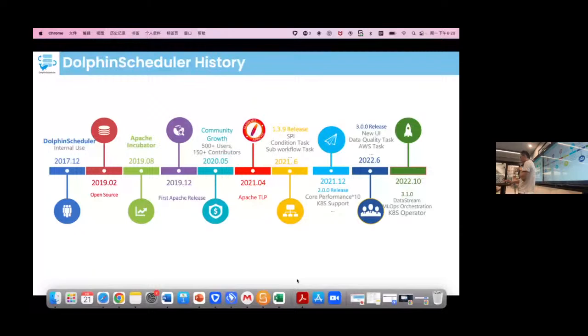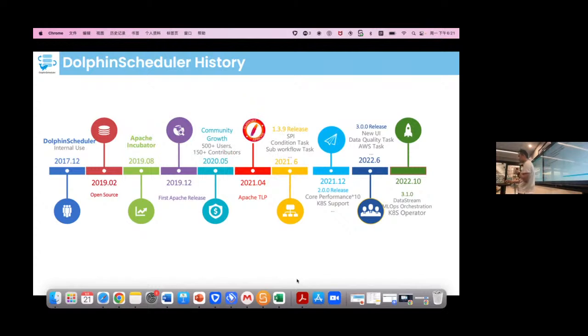In 2021 it released 2.0, and in 2022 it released 3.0. So right now the latest version is 3.1.8. Later we will introduce the features of DolphinScheduler.